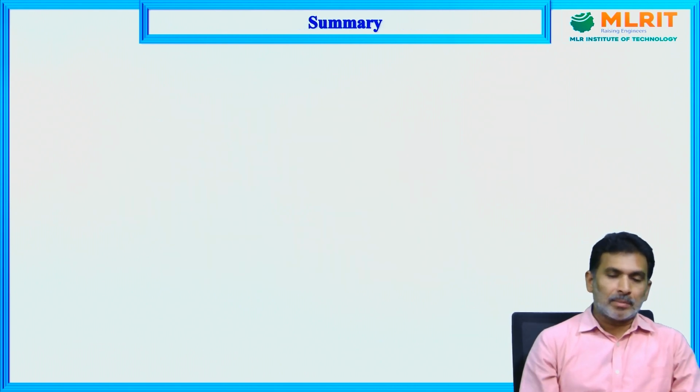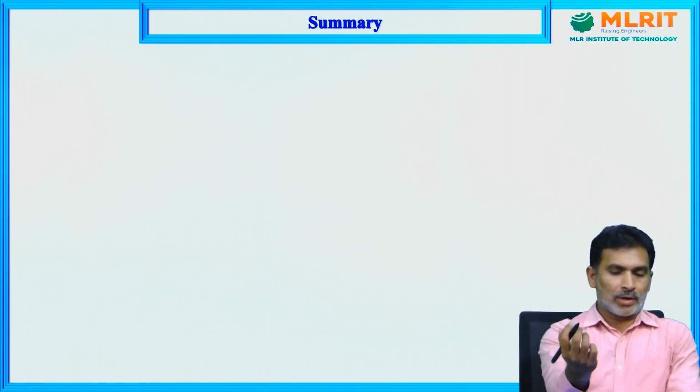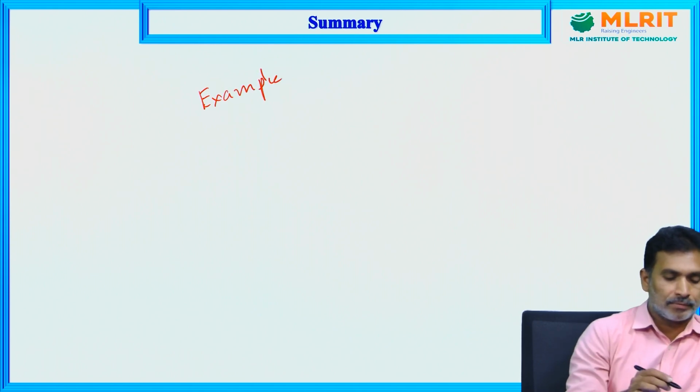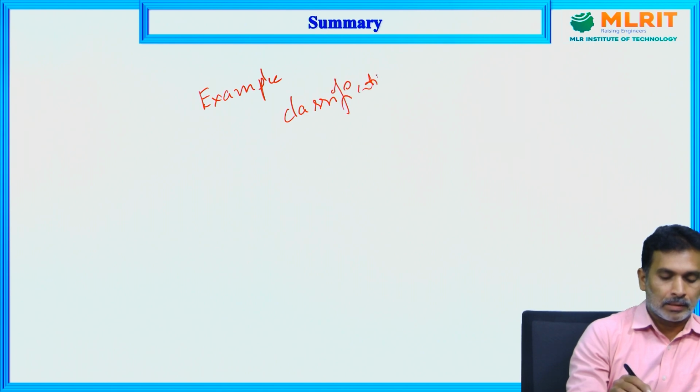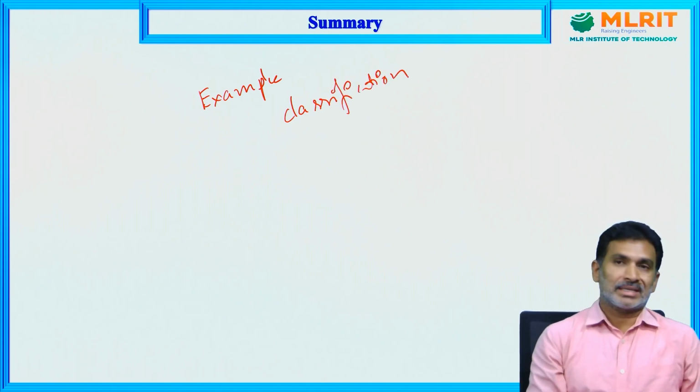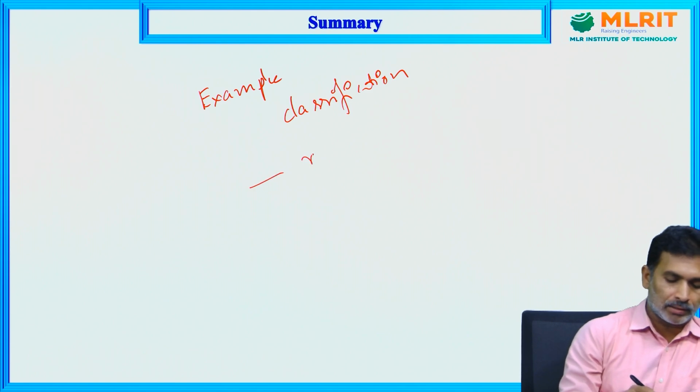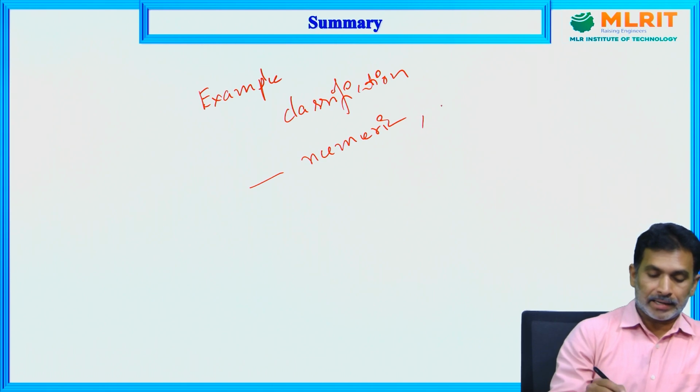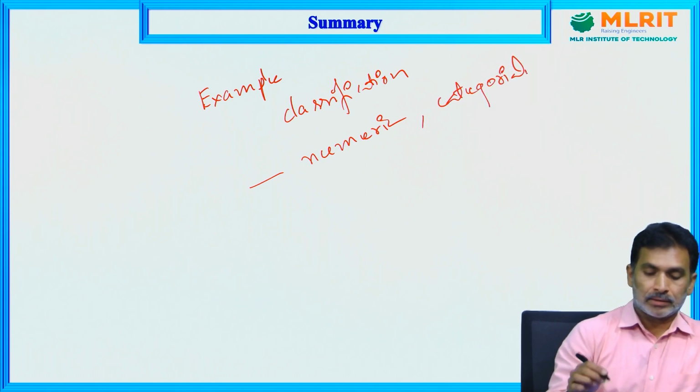So let us quickly summarize before we close the session. We have discussed what a classification task is, and we have seen examples of different applications of classification. The categories or types of classification are mainly numeric and categorical types.